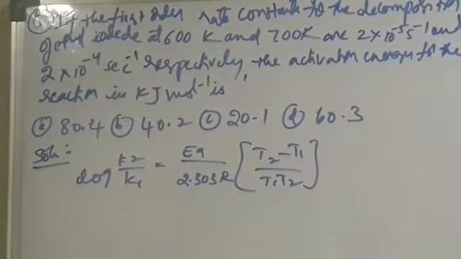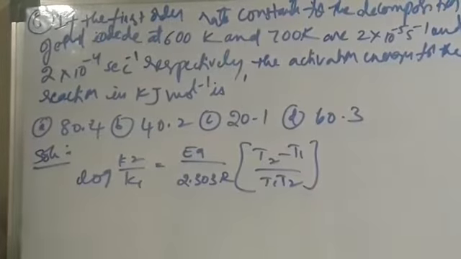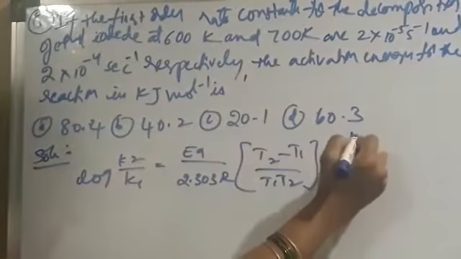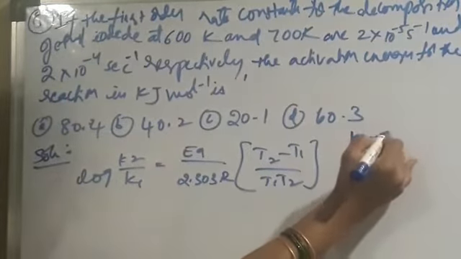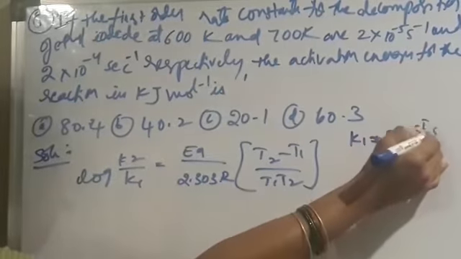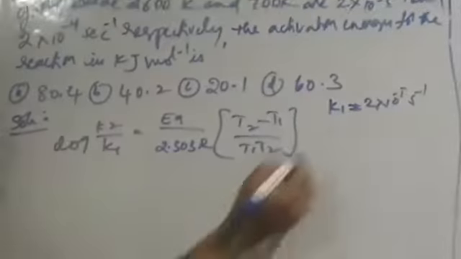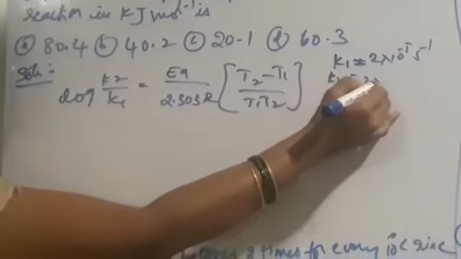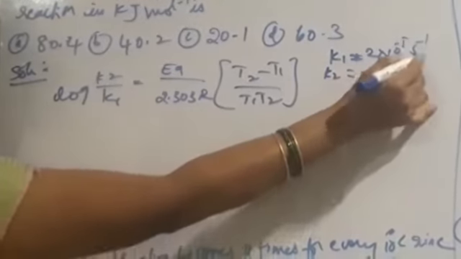Okay. So here the given data: K1 value is 2 into 10 to the power minus 5 second inverse. K2 is 2 into 10 to the power of minus 4 second inverse. And we have to calculate Ea.